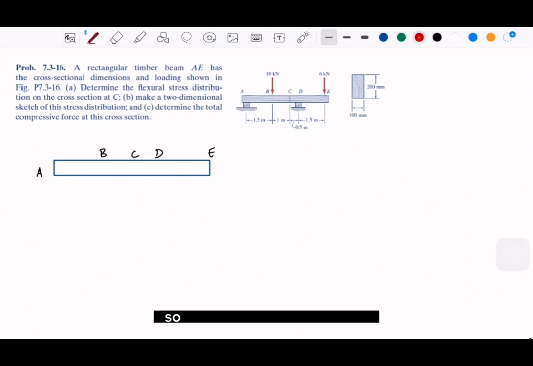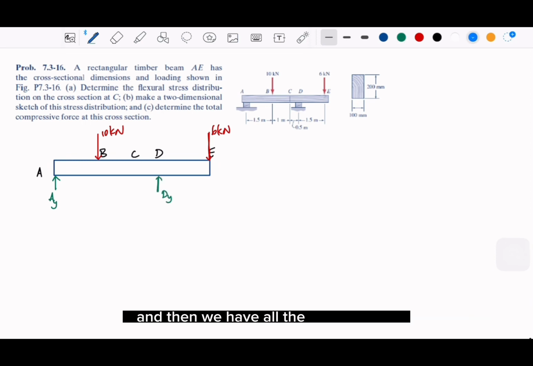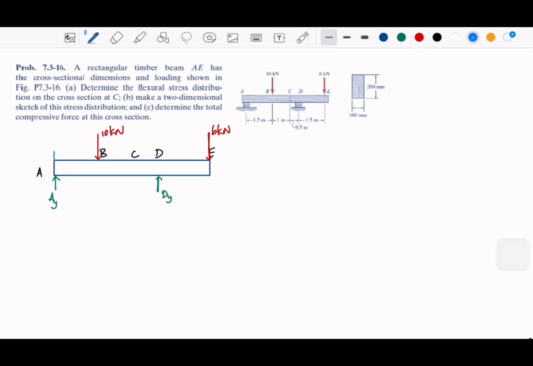Okay, so let's describe all the forces. And then what else? We have the support, right? Let's name this AY and then the Y. And then we have all the distances we need from the picture.